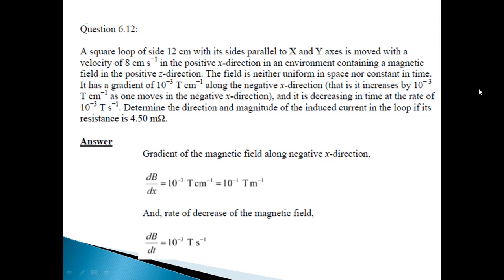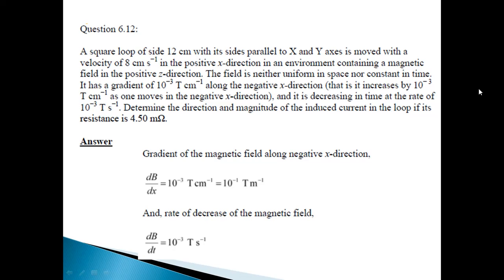That means it is placed parallel to the xy plane. And it is moving with a velocity of 8 centimeter per second along the positive x direction. So there is a magnetic field which is in the positive z direction. That means a perpendicular magnetic field to the xy plane.